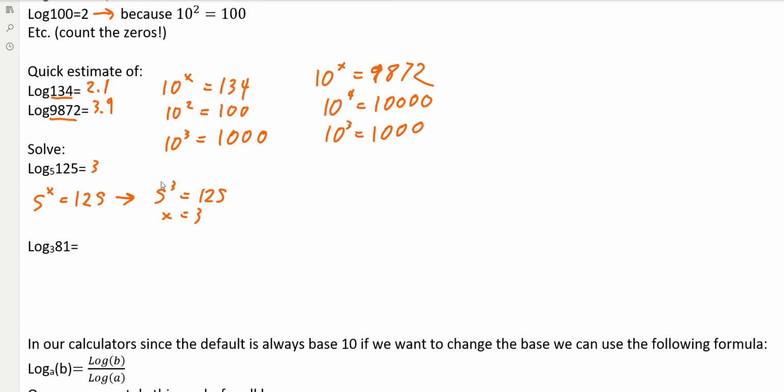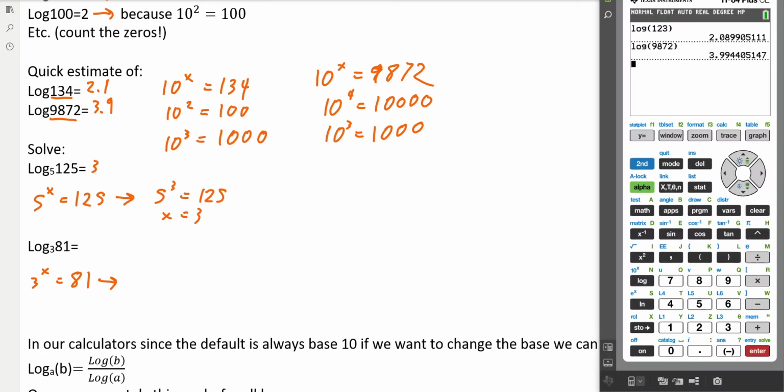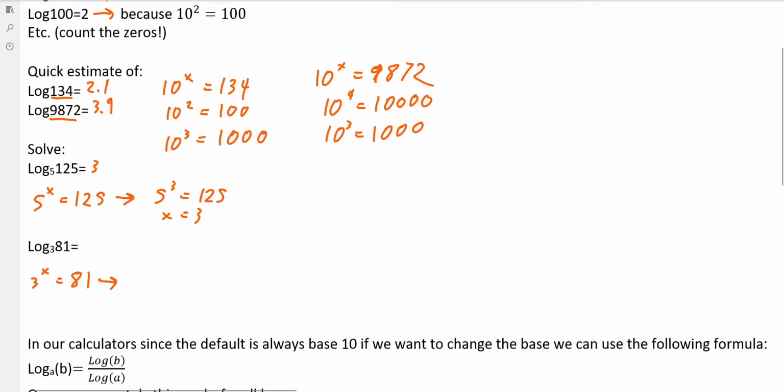Okay, same thing over here. Let's go through it. So 3 to the x equals 81. Actually, I'm going to pretend like I don't know this answer and go through it as if I didn't know it. So what would we do if we didn't know the answer very quickly? We would take our number, 81, divide by 3, we would get 27.